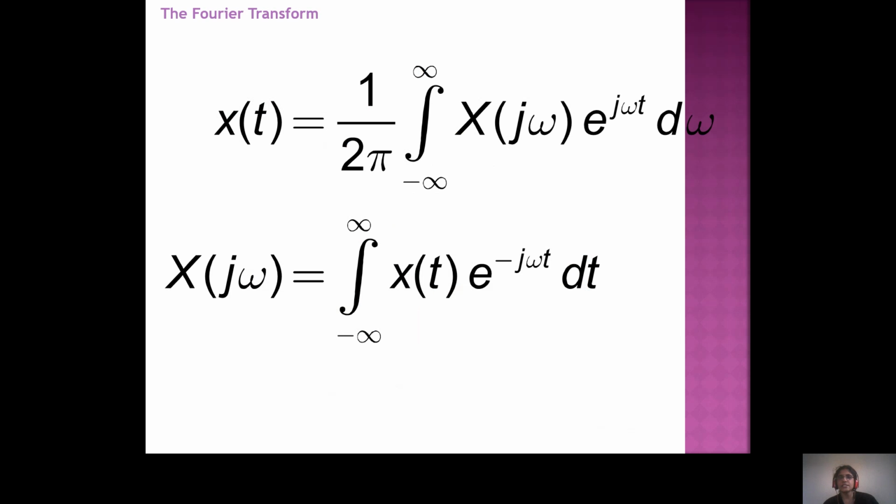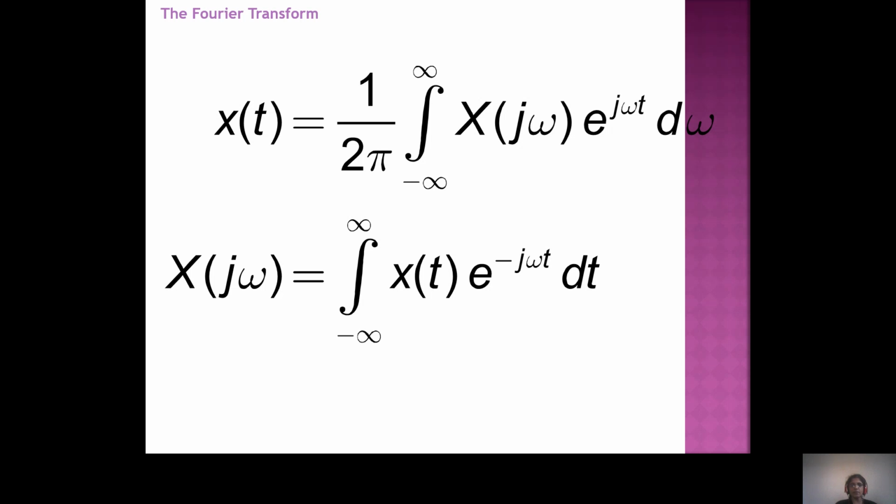So from the Fourier series, we observe this is the formula for the Fourier transform. x of t is equal to 1 by 2 pi integral from minus infinity to infinity of X of j omega e power j omega t d omega, in terms of omega. For the Fourier transform and inverse Fourier transform, X of j omega is equal to the integral from minus infinity to infinity of x of t e power minus j omega t dt.